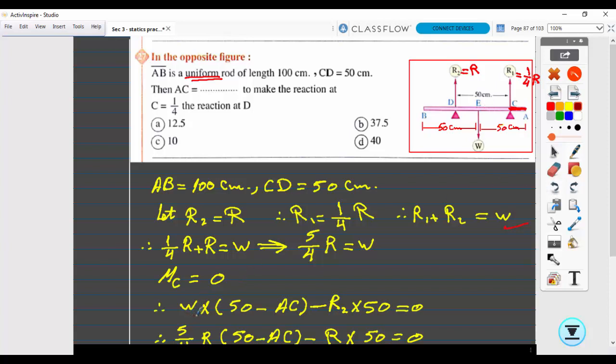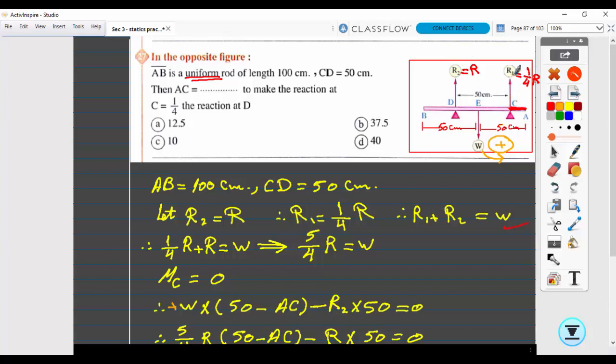So we write W, of course, it is positive. Why positive? Because it is anticlockwise. So we write W multiplied by 50 minus AC equals R2 multiplied by 50.